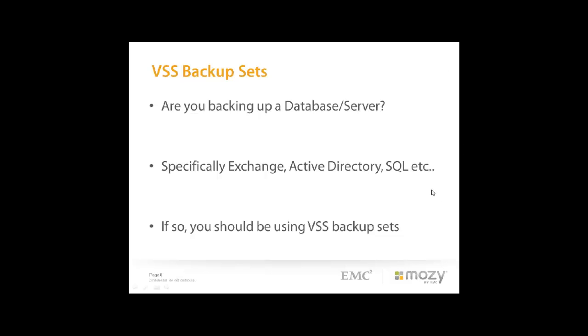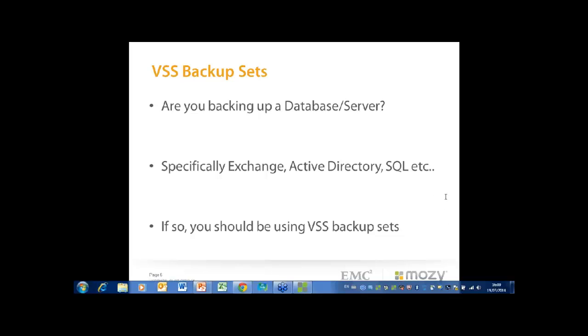Why would we say to use them as opposed to just selecting the entire Exchange drive, or the entire Active Directory database from my file system tab? There are a few reasons, but one of the main ones is that the file system tab uses the system writer to back up open files. For those not familiar with VSS, it's the Volume Shadow Copy Service, a Microsoft service that allows you to back up open files. So a file stays open and in use, but we can still back it up.